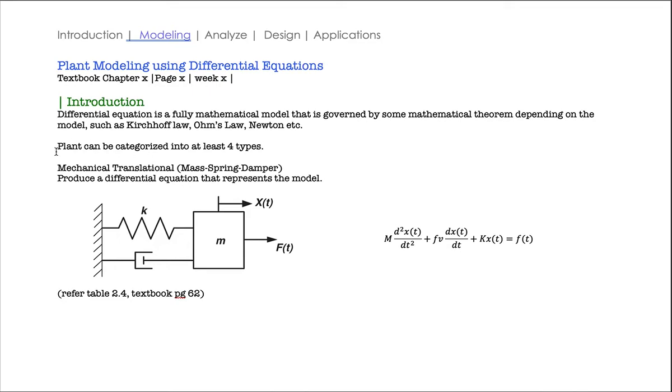At least in this course, we covered four types of systems. The first one is mechanical translational systems, or we can call it mass spring damper systems. So from here, if we consider this is a plant of the system we need to control, then we need to produce a model.